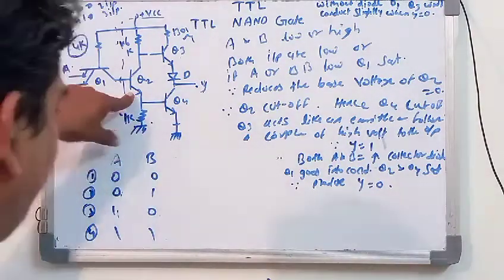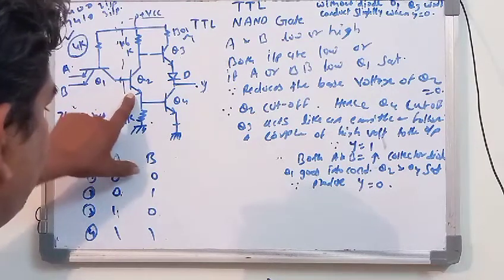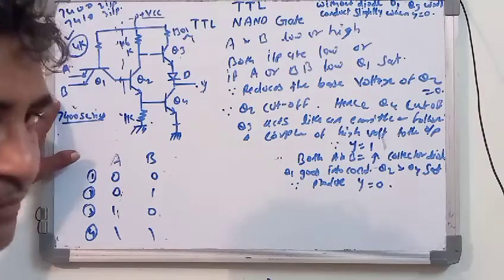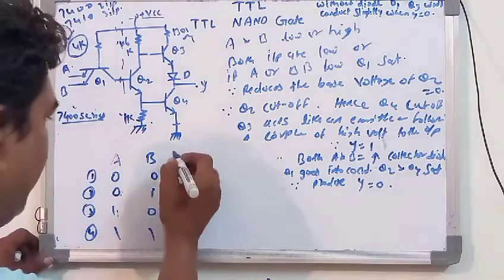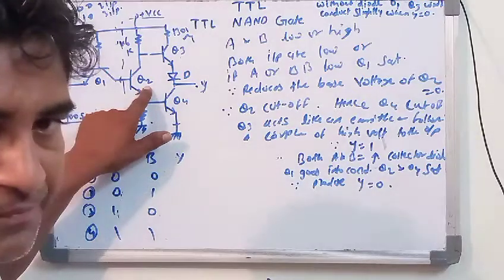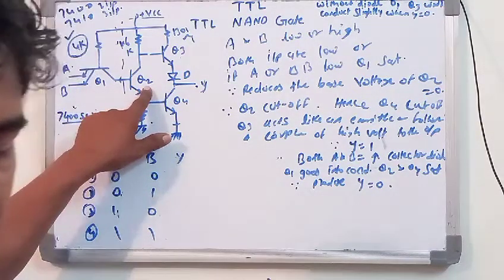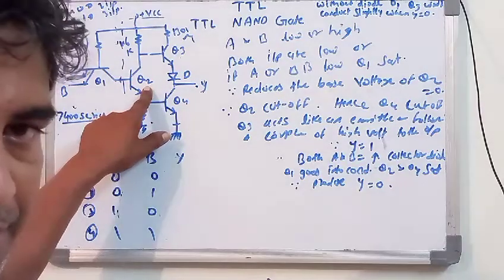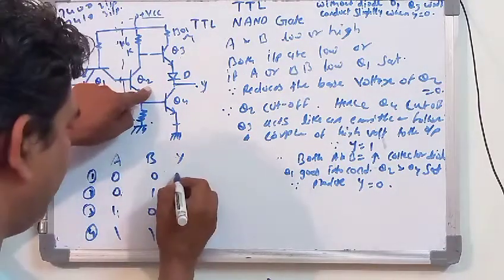Whenever 0 0 is given to A and B, the output will vary according to the transistor. So when you get that particular transistor in a cutoff state, the output will be 1.